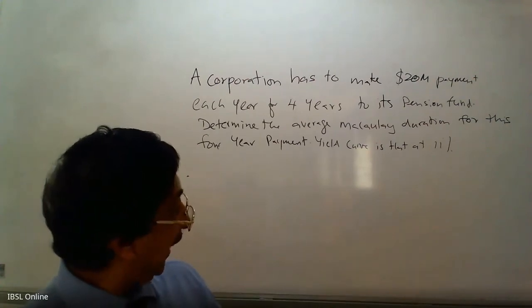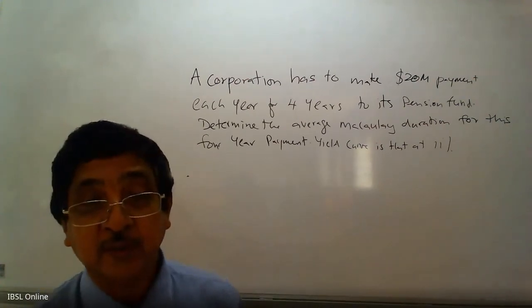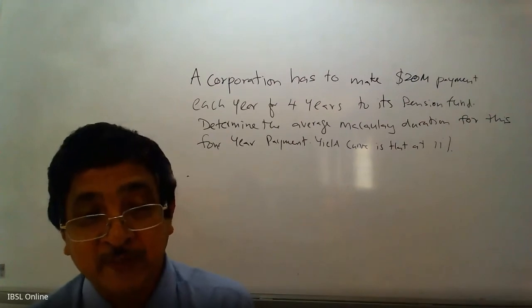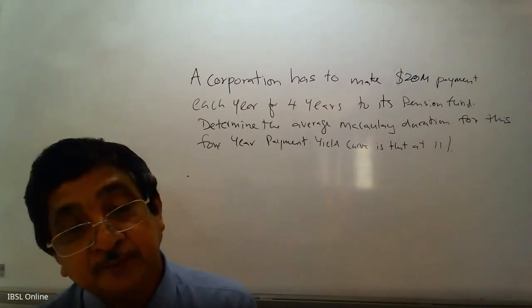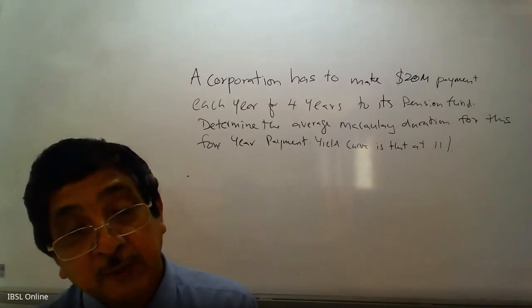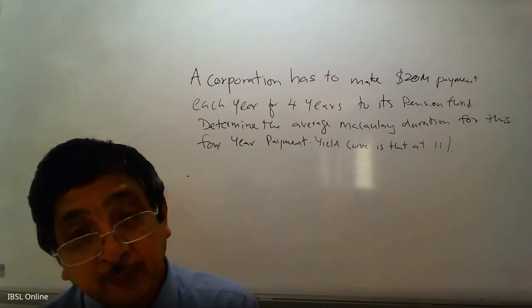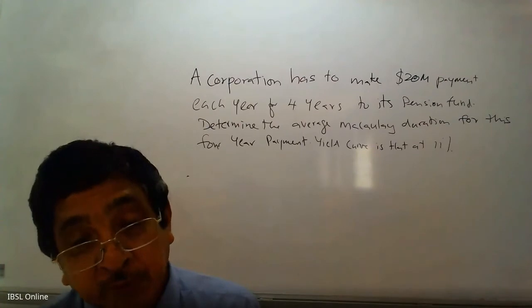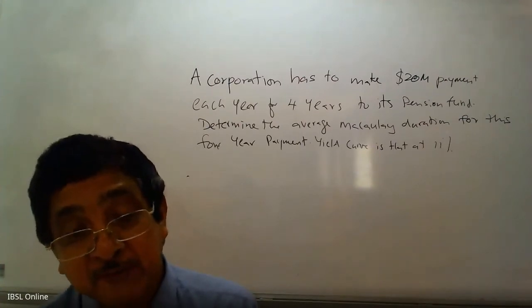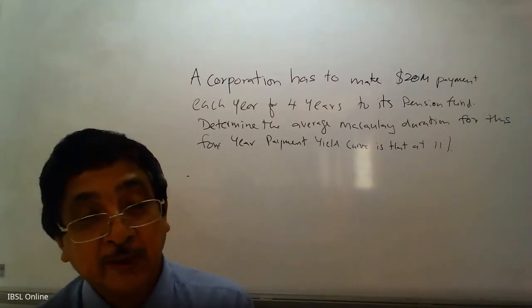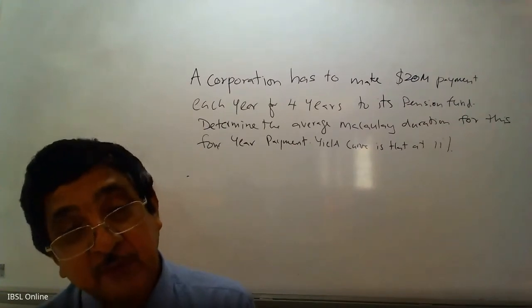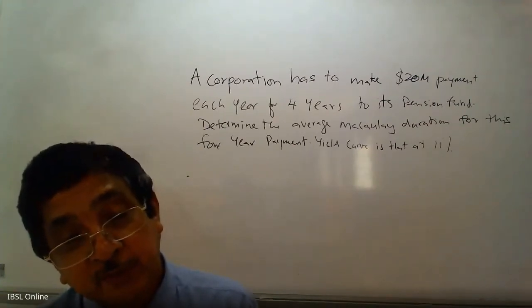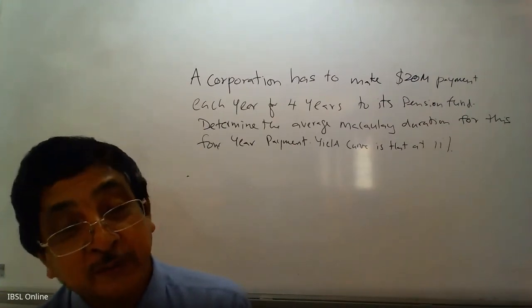The yield curve is flat at 11%. What is the meaning of that? A flat yield curve means for all the 4 years, the yield to maturity or interest rate is 11%. With that information, are you in a position to get the duration calculated for these payments?